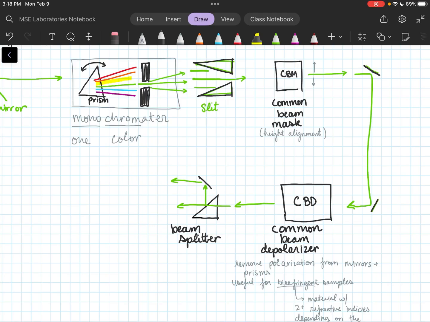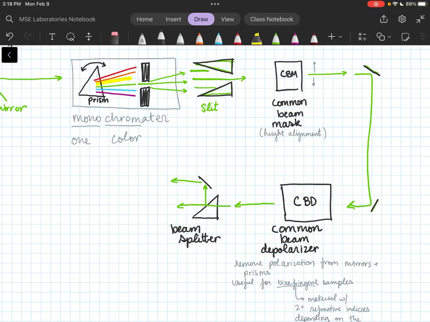Why? Because, like I said earlier, our lamps are going to have different strengths at different wavelengths. So as the prism turns in the monochromator, we're going to have some wavelengths where we have a ton of photons coming through and some when there's not a lot.